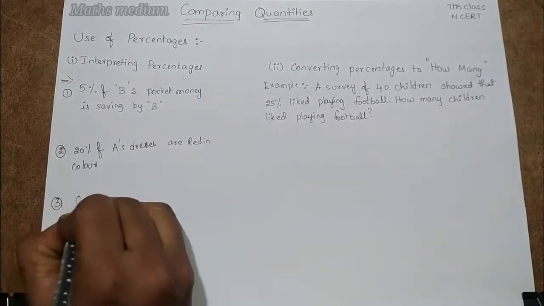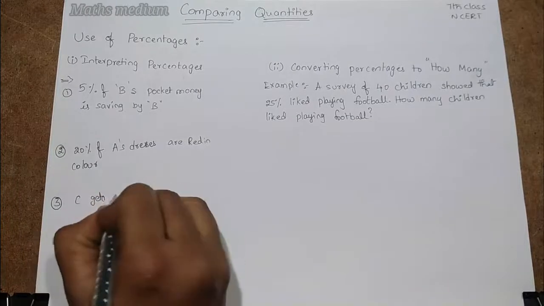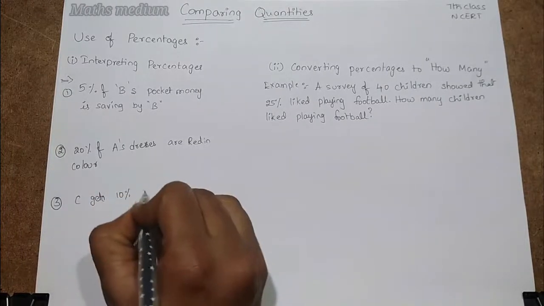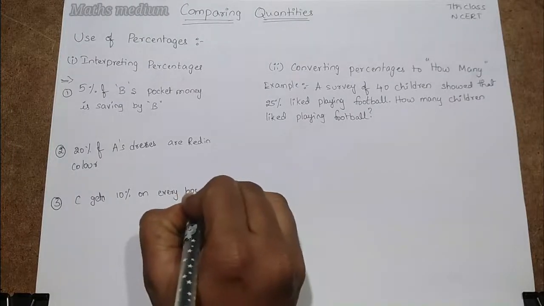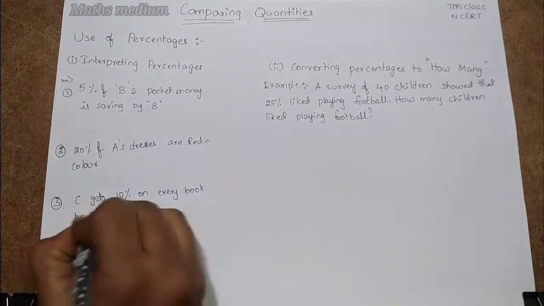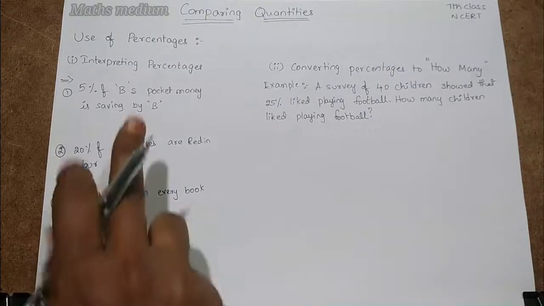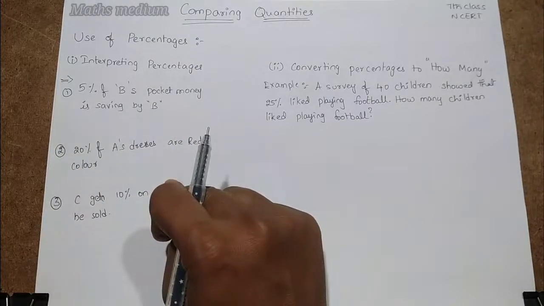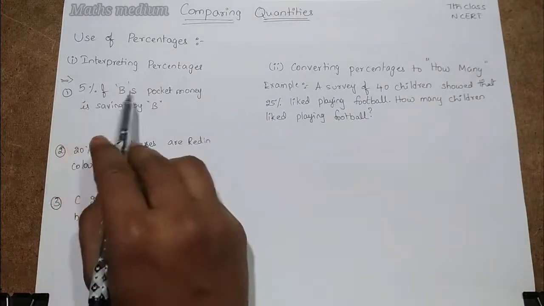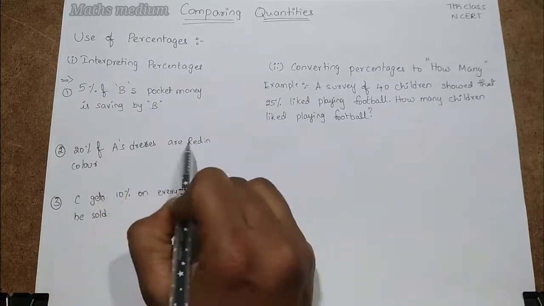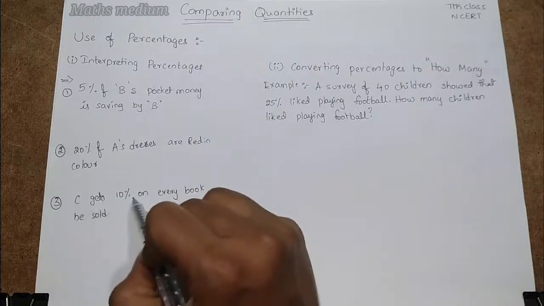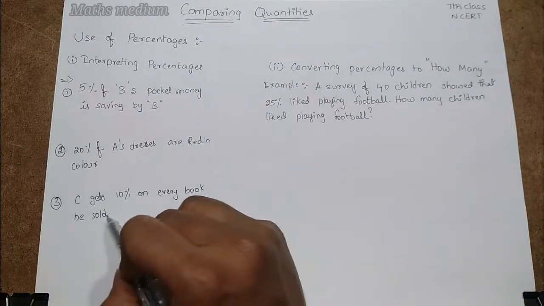Third one is C gets 10% on every book he sold. See here, 3 types of statements are there. One is 5% of B's pocket money is saving by B. 20% of A's dresses are red in color. C gets 10% on every book he sold.